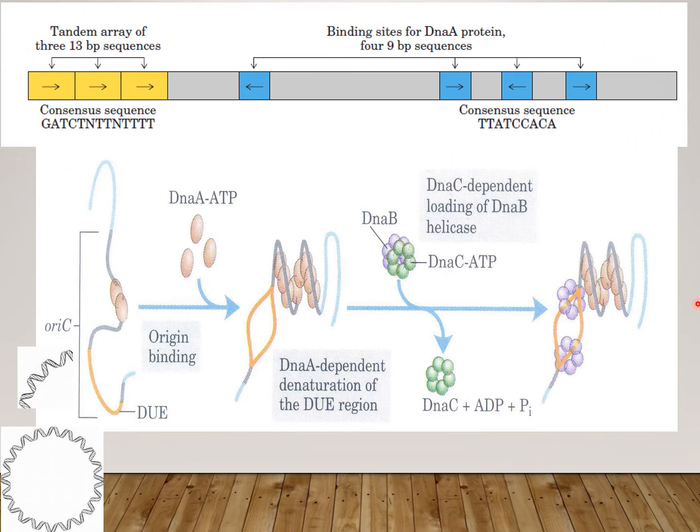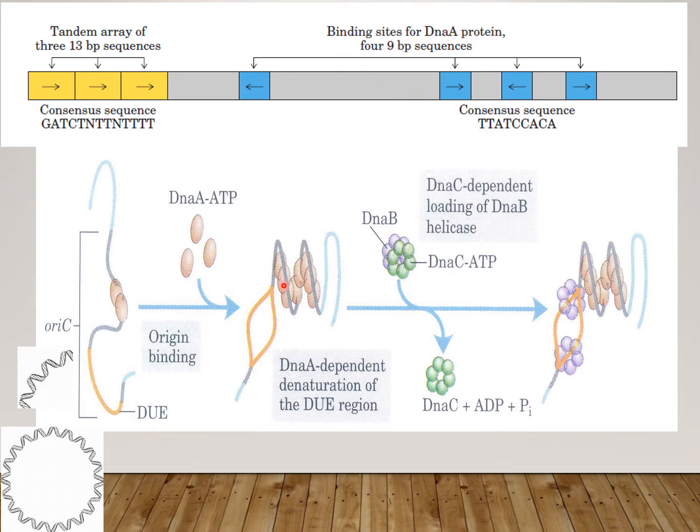We need not go into the details of what exactly the sequence is, but I would just like to highlight that the yellow portion is called the DUE, that is the DNA unwinding element, and this blue portion, which is beside the DNA unwinding element, is the binding site for the DnaA protein.